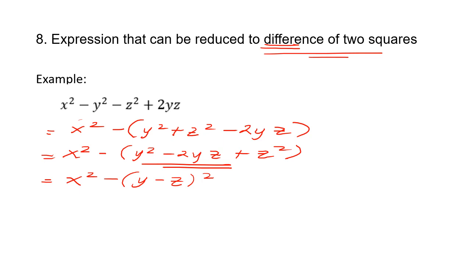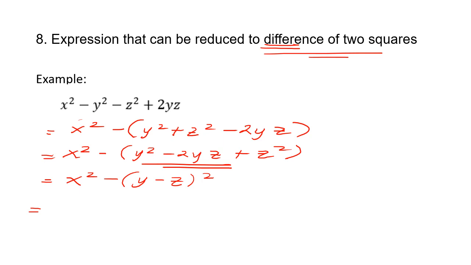So therefore, we have this one here as x squared minus the quantity of y minus z quantity raised to 2, which is now in the form of the difference of two squares. So we can still factor this out. Square man ni, square man pud ni.